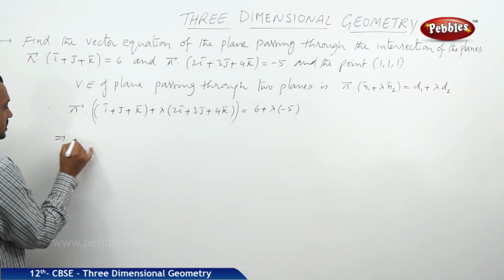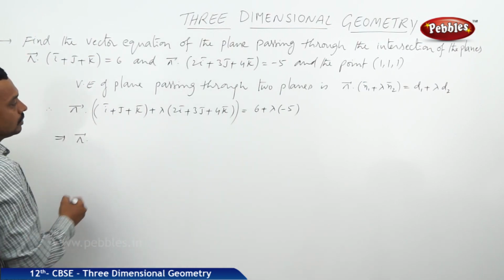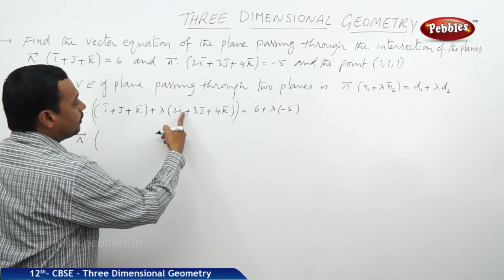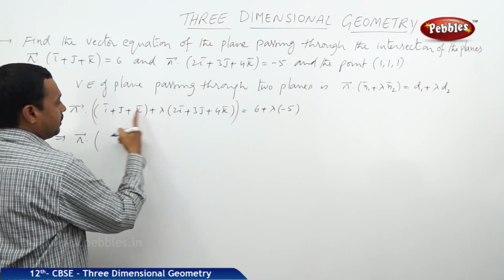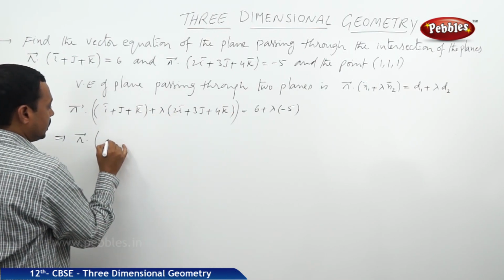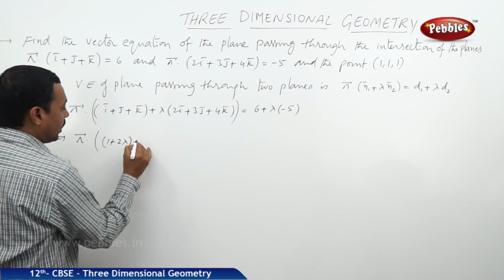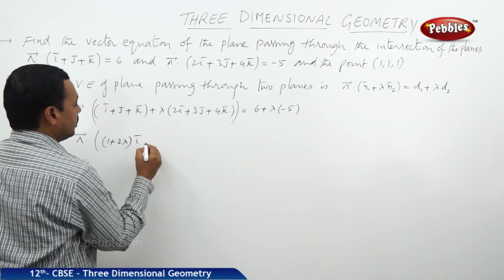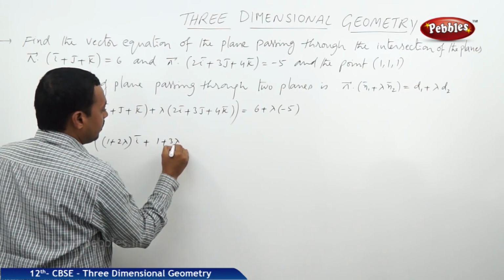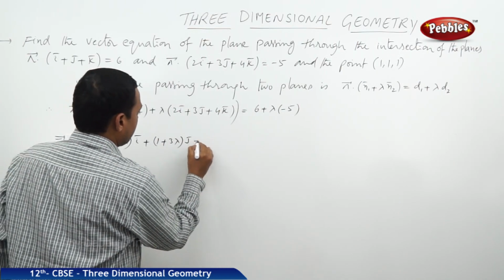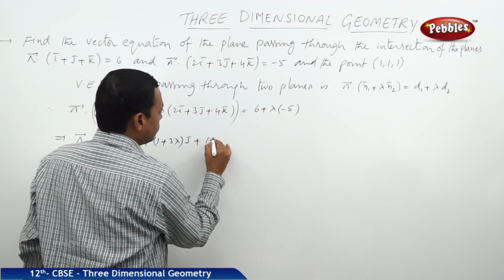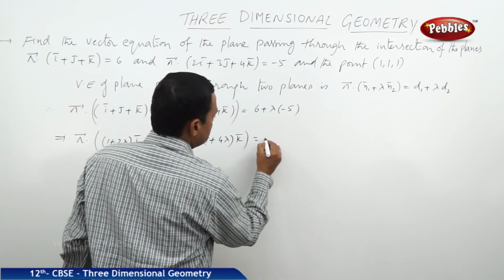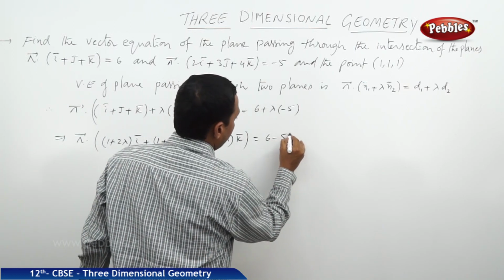Let us simplify this: r dot ((1 + 2 lambda) i vector + (1 + 3 lambda) j vector + (1 + 4 lambda) k vector) is equal to 6 minus 5 lambda.